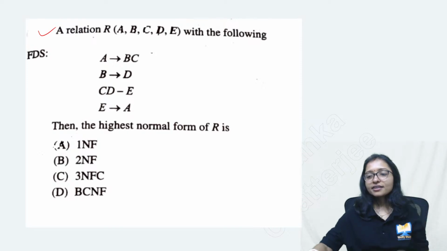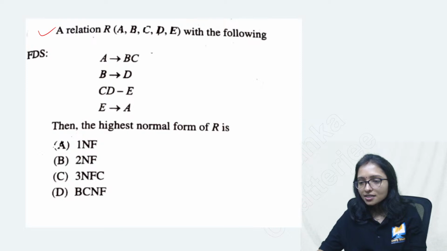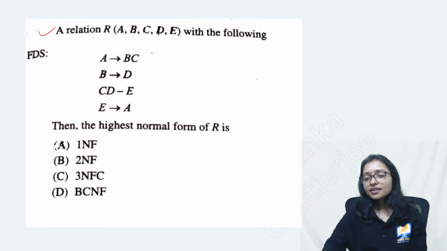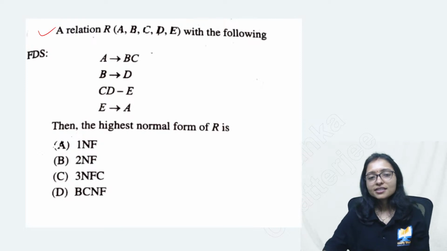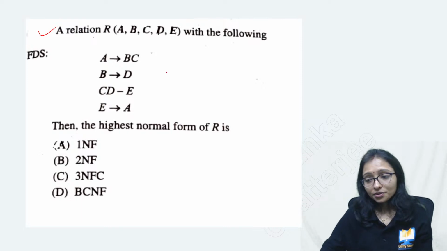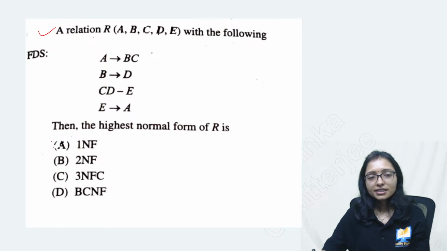Find out the candidate key. Okay, Deepa Sri is telling A and E are the candidate keys. Then which normal form is it? Tell me which one is the correct answer.